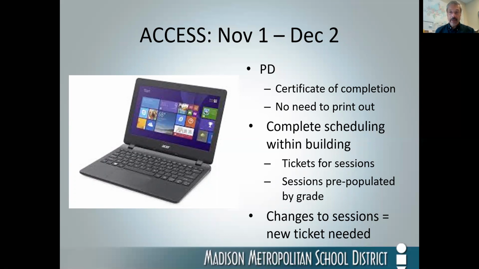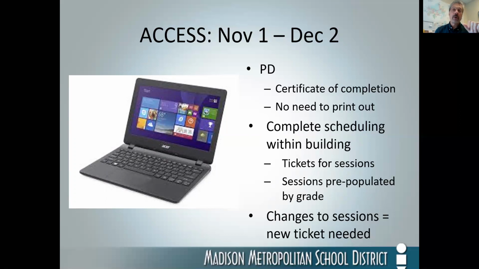Please keep in mind that if there are changes to a student's IEP, if there are some supports or accommodations that they are going to need, that a change occurs. Once we get to this point of November 1st, any changes after that will need to be taken care of manually. We'll need to make sure that we go in and manually change what is set up for the students.